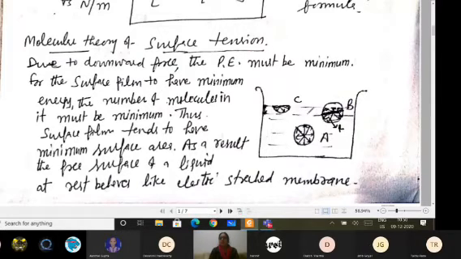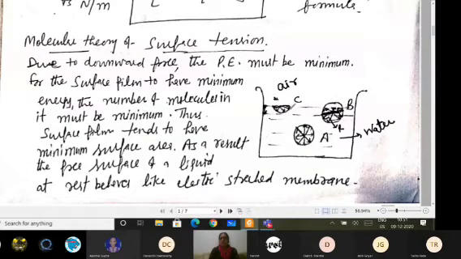And if here I take C molecule, then above the surface there is air. When I'm not having any water, so here it is air. This is water. So no upward force is there due to water.